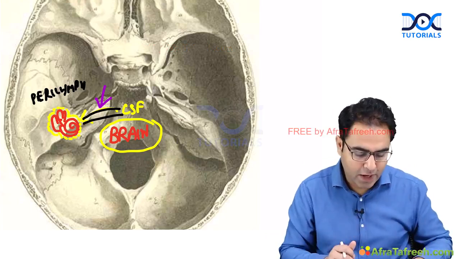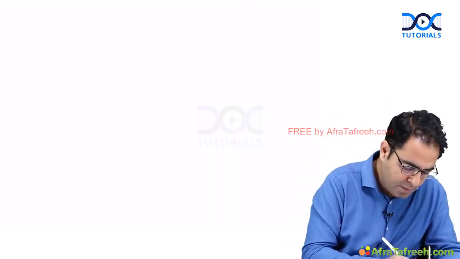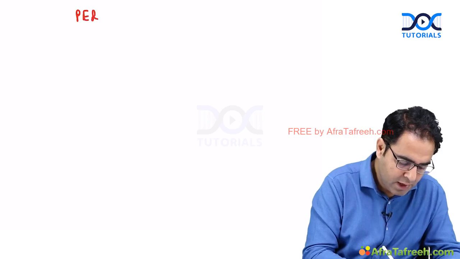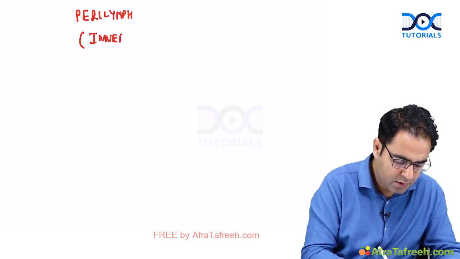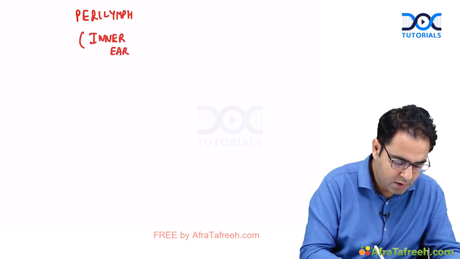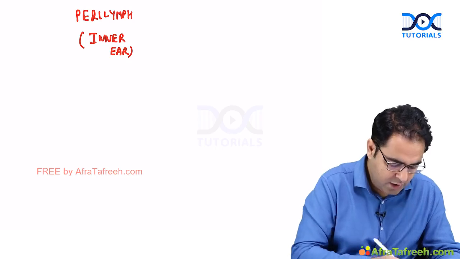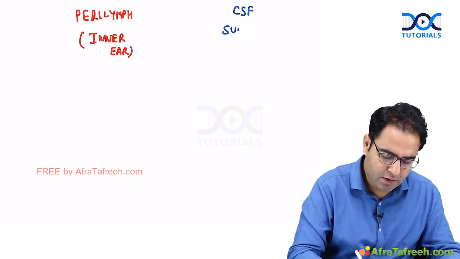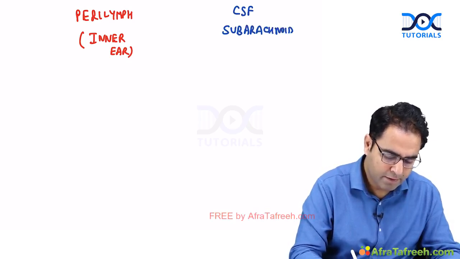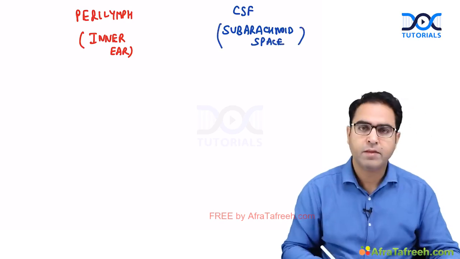Okay, now let's write down. Where is your perilymph, my dear friends? Perilymph is in your inner ear. Now where is your CSF? CSF is in the subarachnoid space of the brain.